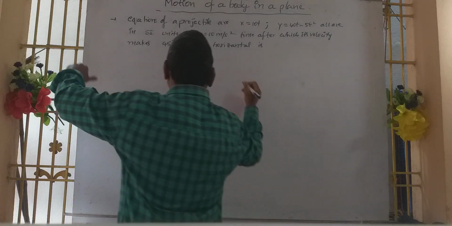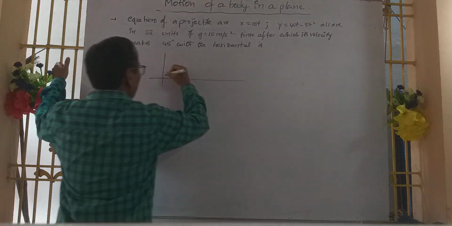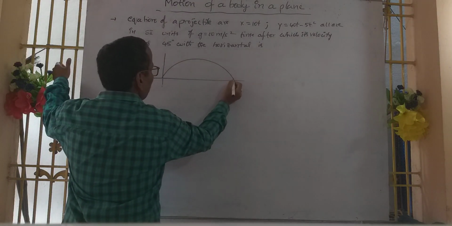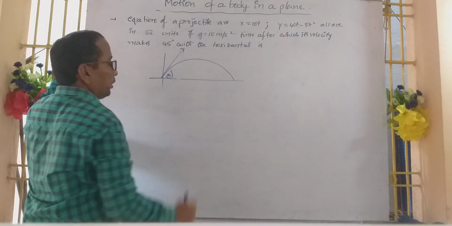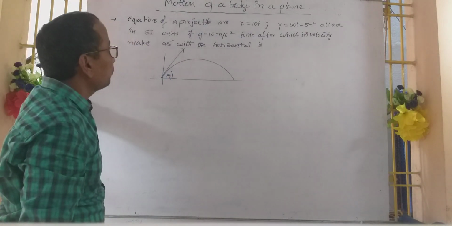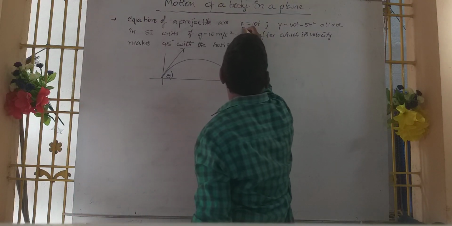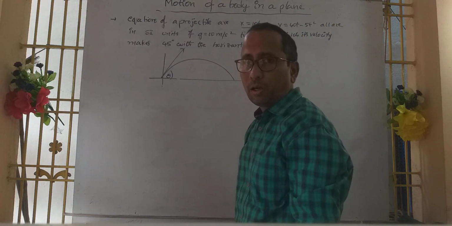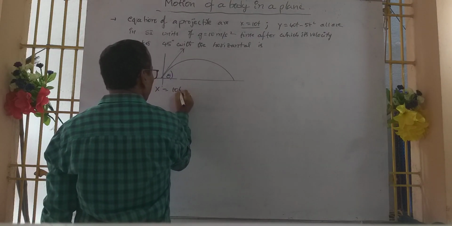Now I will explain. Here is a diagram for a projectile. A body is projected, making an angle of theta with the horizontal. Now the equations are given. x is equal to 10t.